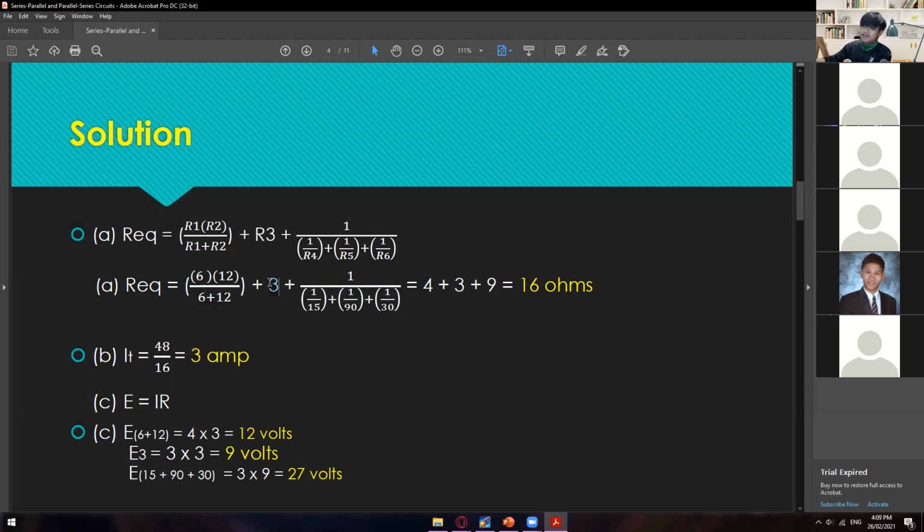Okay, and then just plus 3. Whatever the value of R3 is, just put it right here. And then the same with this one. Just solve this one using your calculator, and you will get 9. And then voila, you now have the 3 sections: first section, second section, and the third section. So just add those 3, then you will get 16 ohms as your total resistance.